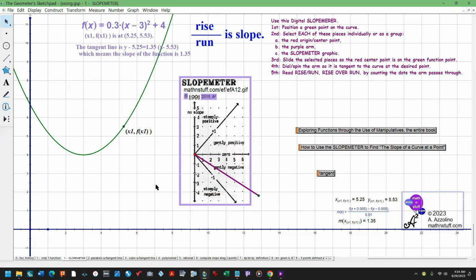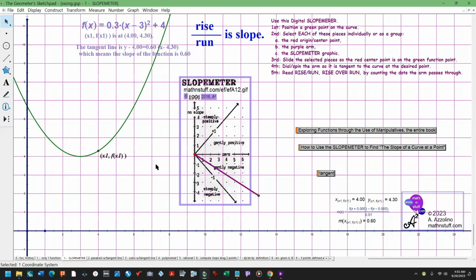The slope meter, I mentioned, was created for real concrete use. And I'm just going to put a point. Doesn't matter where I put it. Let's stick it there. I'm going to attempt to move... well, that didn't work.